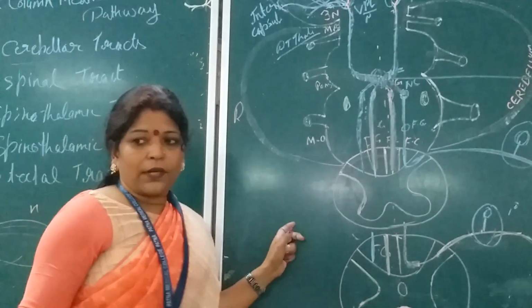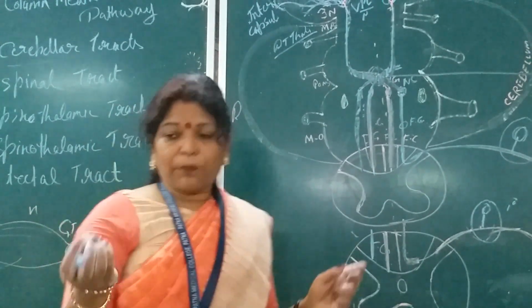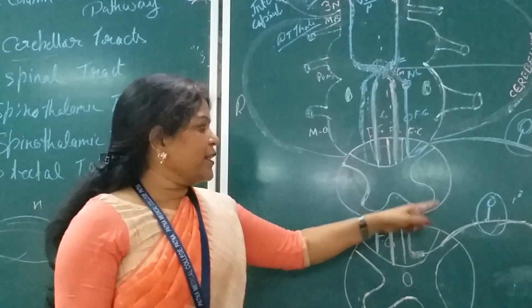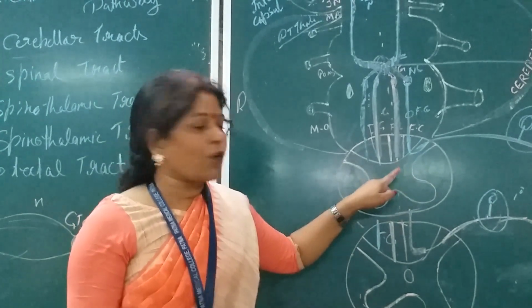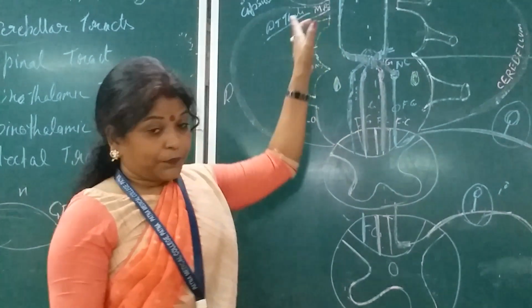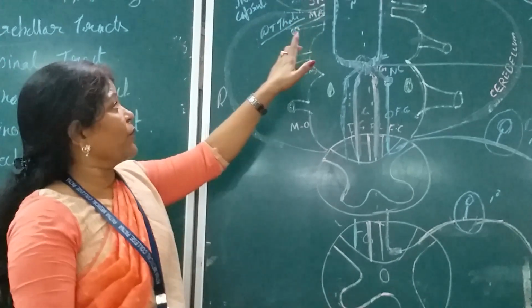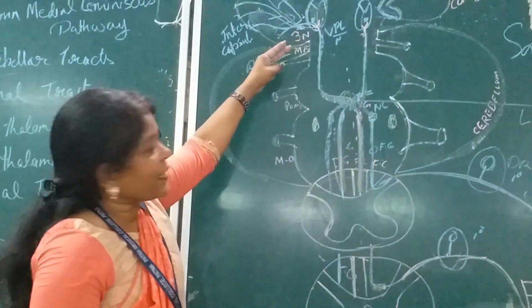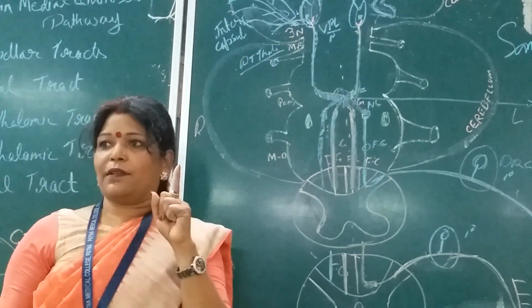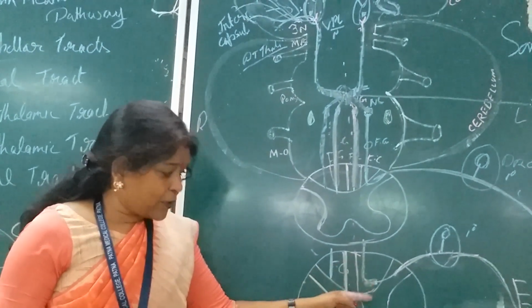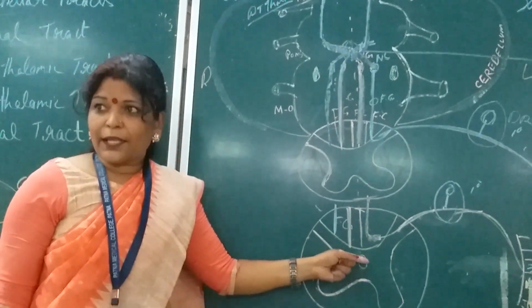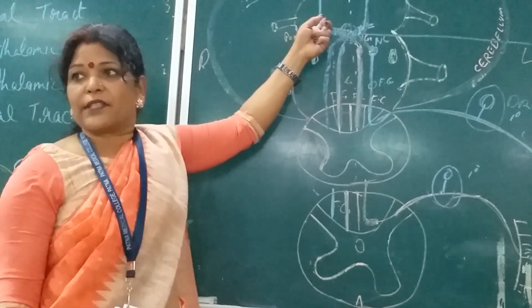In the introduction just now I said a few important key points. This point was related to this dorsal medial lemniscus pathway: before reaching the thalamus it should cross, either inside the spinal cord or in the brainstem.